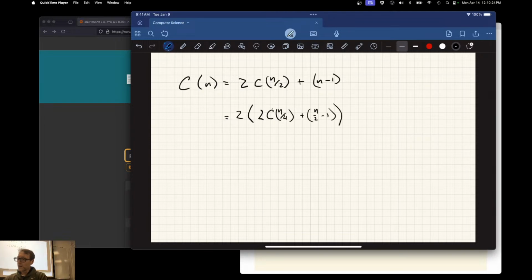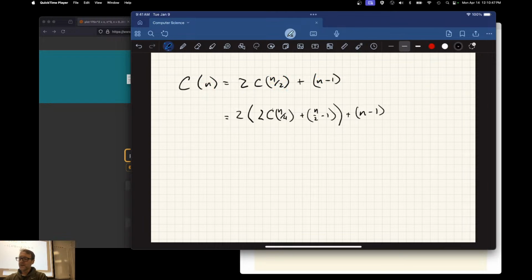That's all right there. I'm just taking this and expanding it out. Don't forget everything else, n minus 1, right? Do that again. I need to get rid of C sub n divided by 4. Plug the n divided by 4 over here, and you get n divided by 4 divided by 2, so that ends up being n divided by 8, plus n divided by 4 over here.